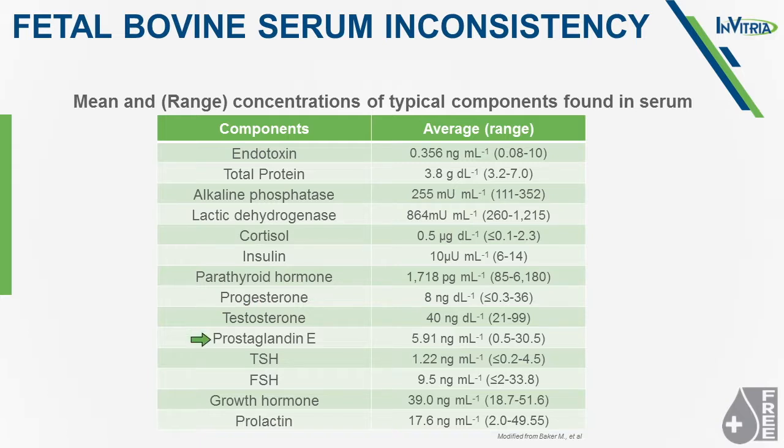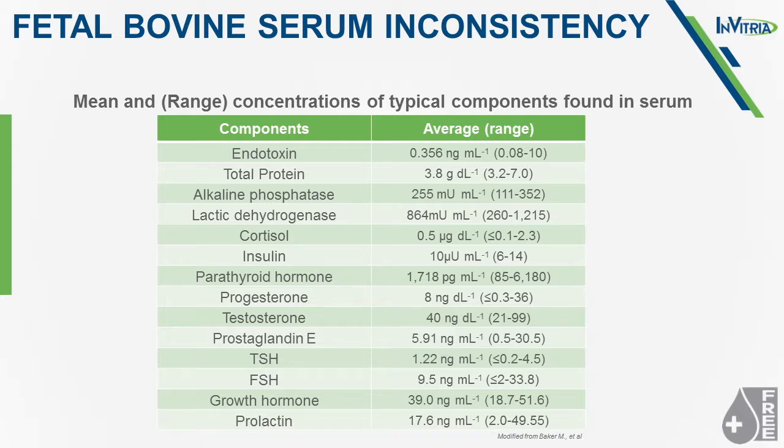Very similarly, prostaglandin E has been noted to vary about 60-fold. Total protein, which includes albumin, insulin, and any growth-promoting cytokines present in the lot of FBS, has been noted to vary 2.5-fold.